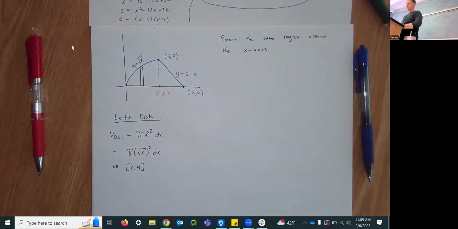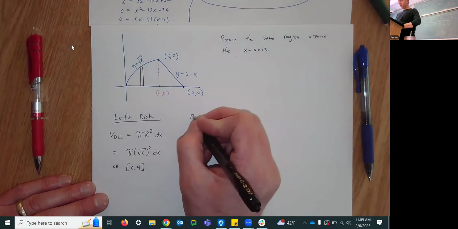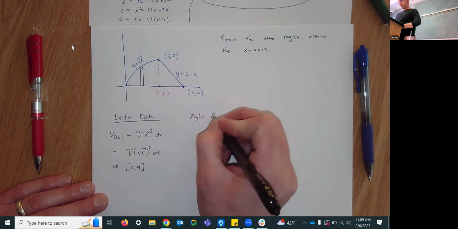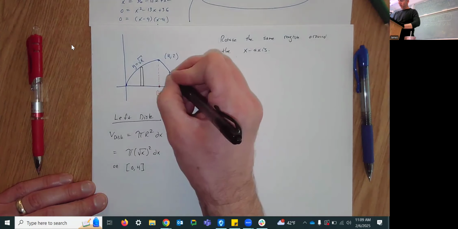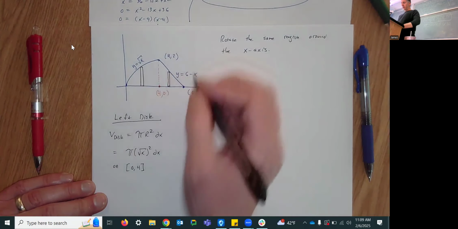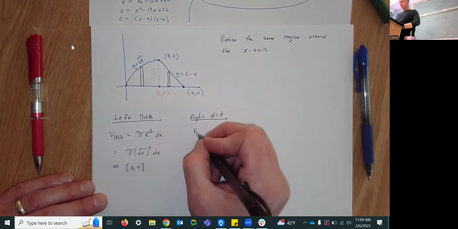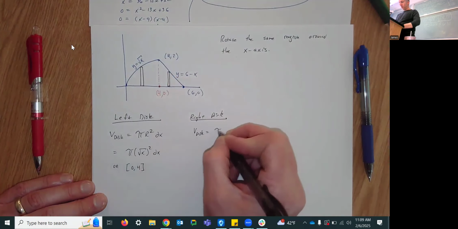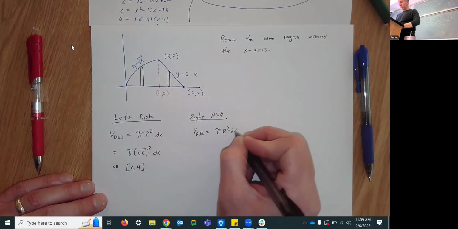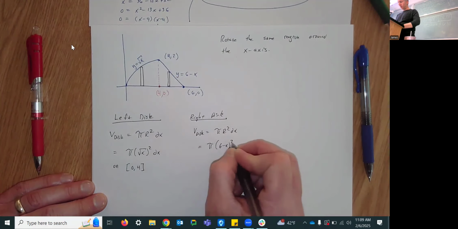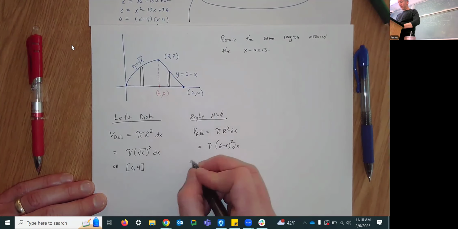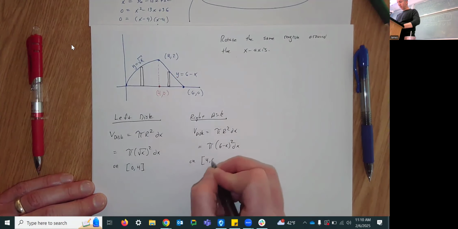Sorry. Okay. And then the right disk. Well, again, same idea. We've got this strip here. The volume of that right disk is going to be pi times your radius squared times dx, which in this case is going to be pi times 6 minus x squared times dx on the interval from 4 to 6.